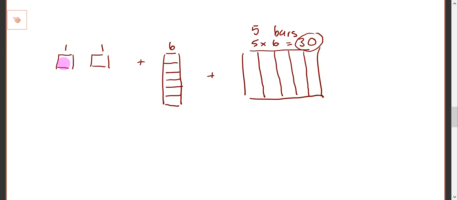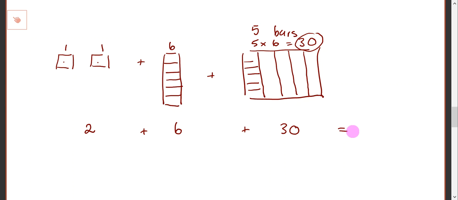So we've got our units, we've got 2 of them. The bar is 6 units, so that's 6. 1 square is 5 bars, but each bar is 6, so we've had to say that's 5 lots of 6, which is 30.